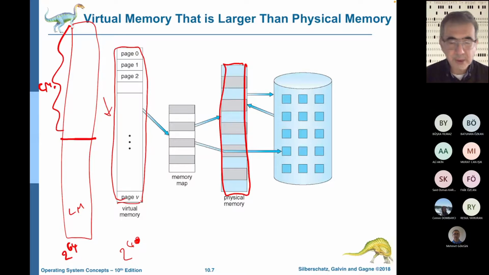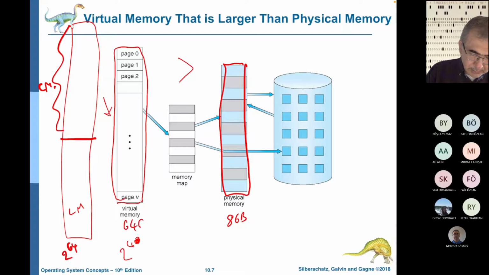That is for sure, because otherwise it is not necessary. Your physical memory is 8 GB, your virtual memory 64 GB. So that means you can run your applications as if you have 64 GB of memory. What will you do with 64 GB of memory?